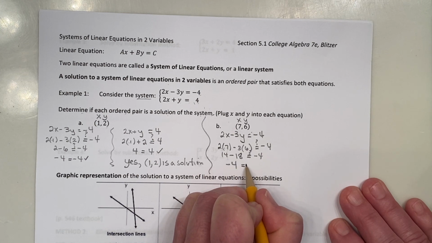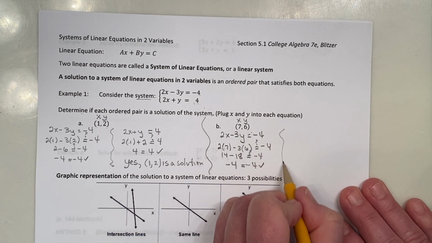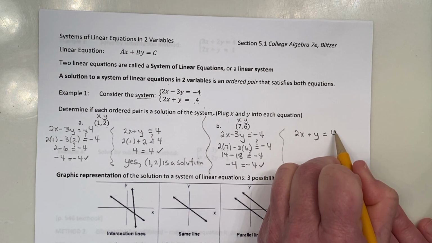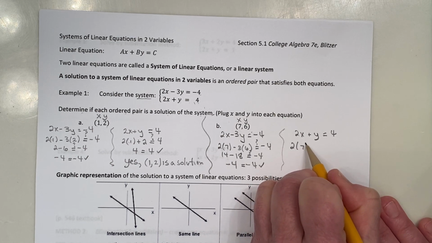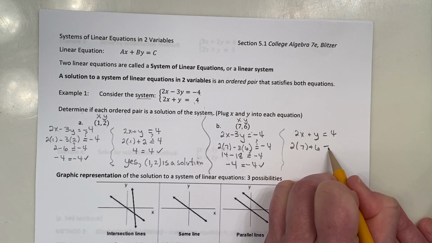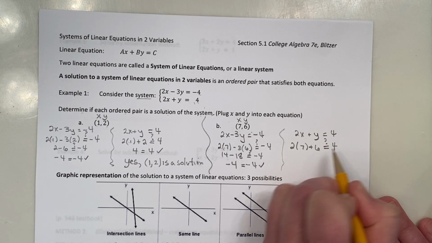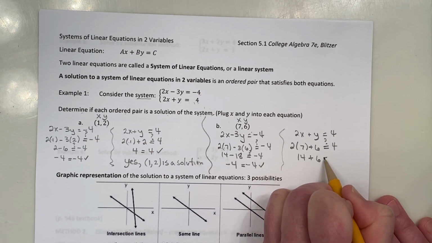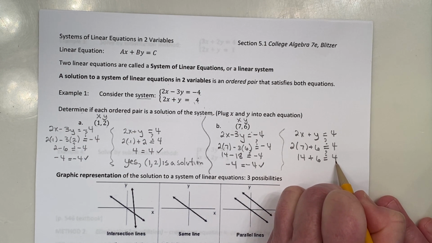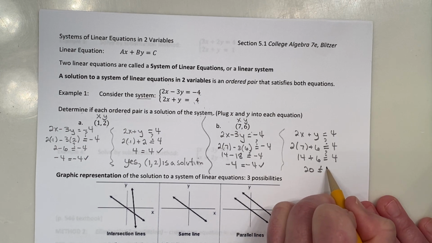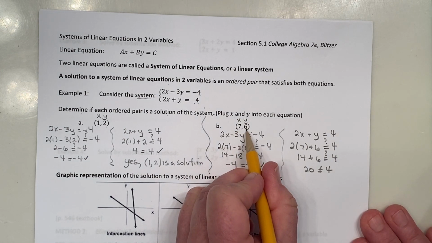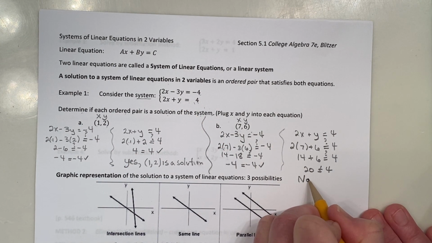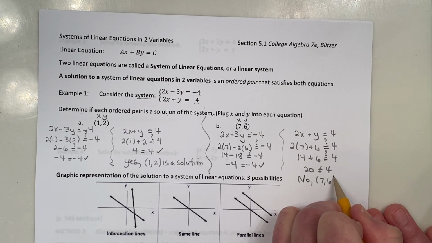So yes, -4 does equal -4. Here you might notice already this is not going to equal 4, so 14 plus 6 will not equal 4. So 20 does not equal 4. So because (7, 6) only worked in one and not both of the equations, we'll respond and say no, (7, 6) is not a solution.